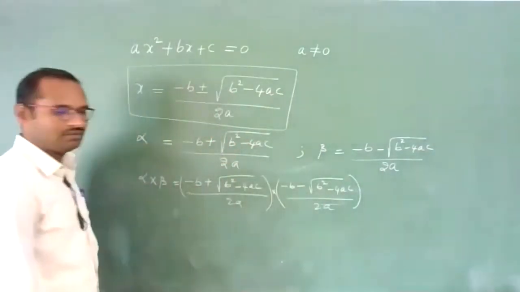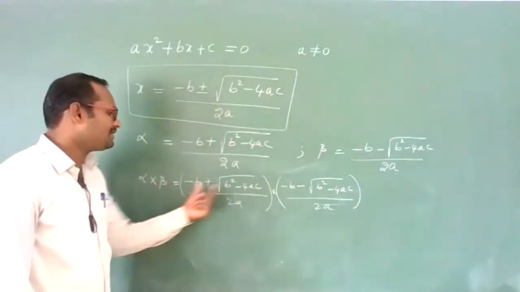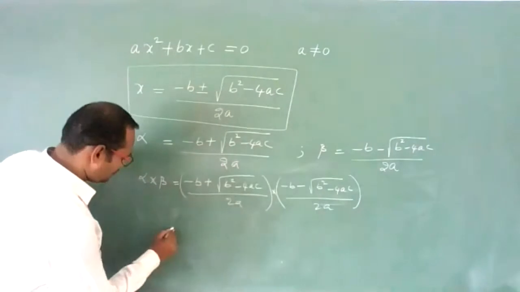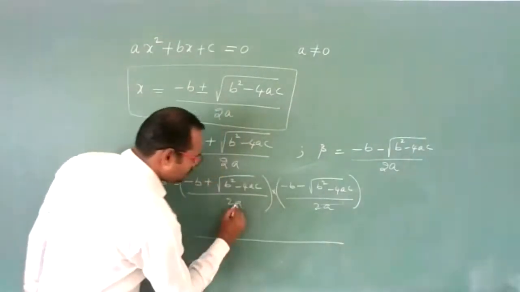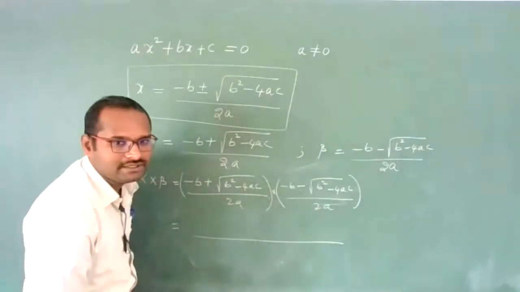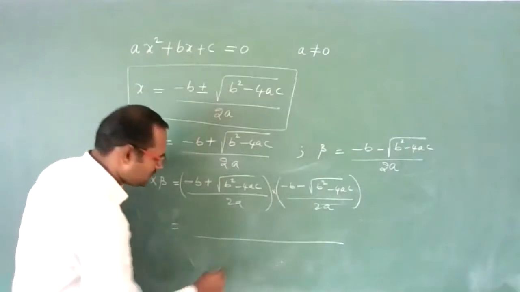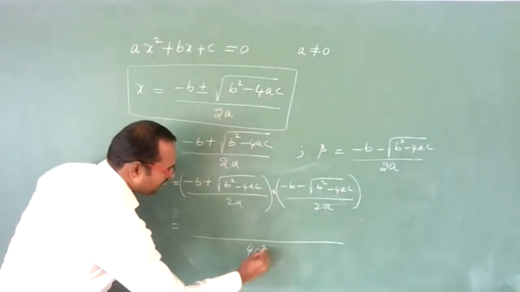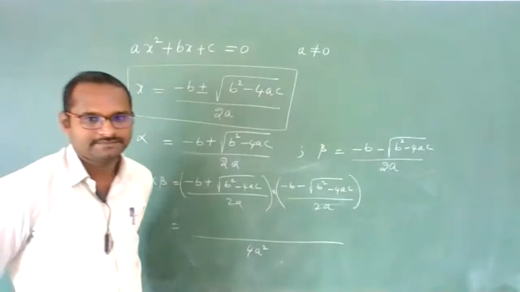Now see, the denominator is 2a into 2a, because we are multiplying. What you will get is 4a square.